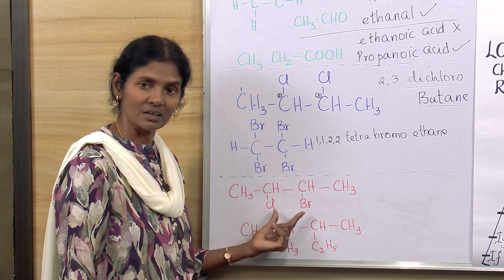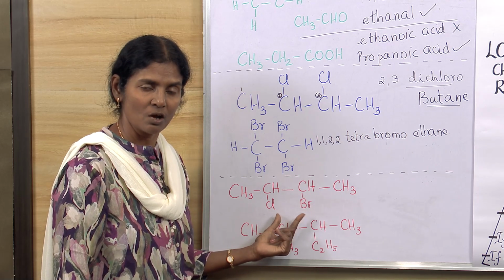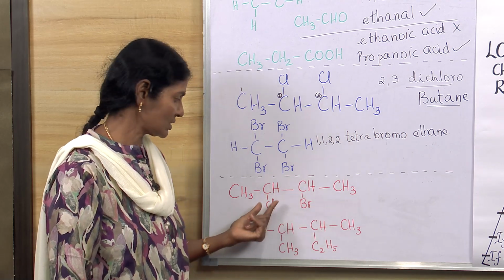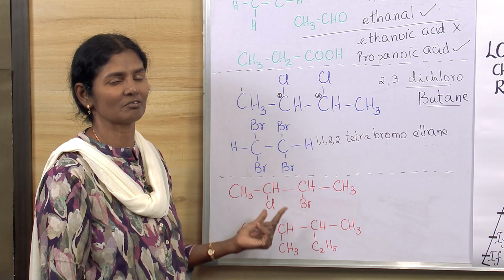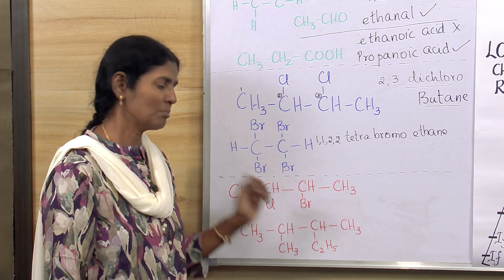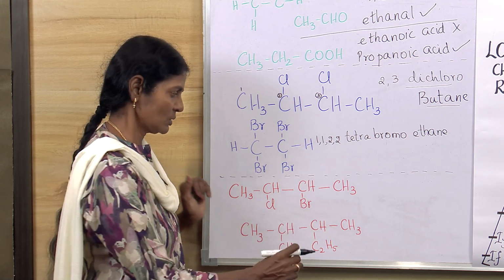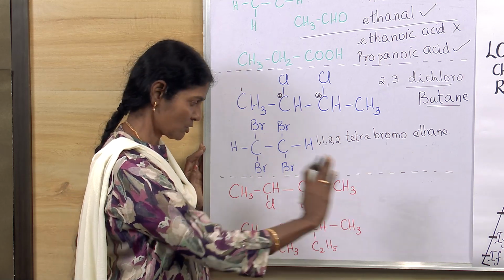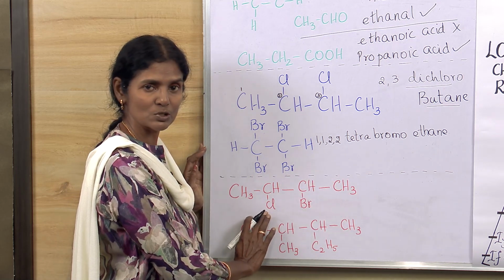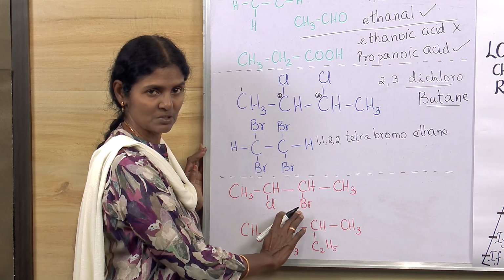Now we see here, there are 2 halo groups. One is bromo, another one is chloro. Which one do you think will come first in the alphabetical order? B, right? So therefore, we can't number it from left to right, because in that case, this will get 2 and this will be in the third position.